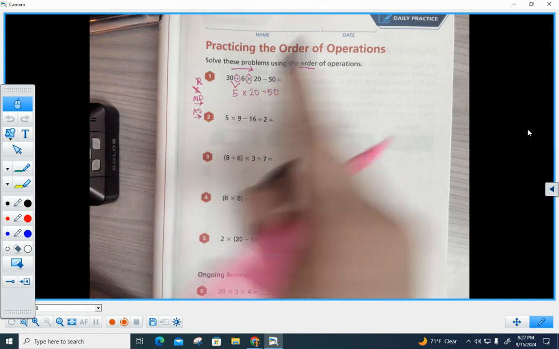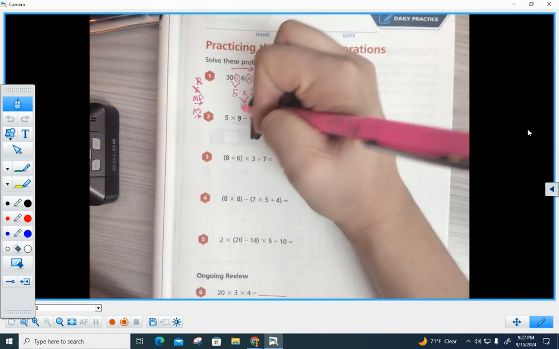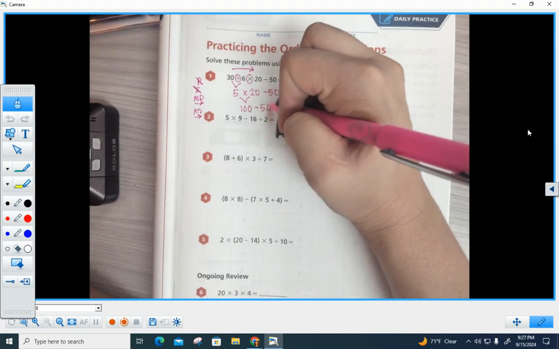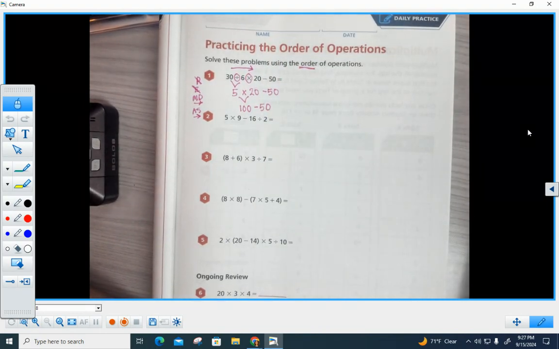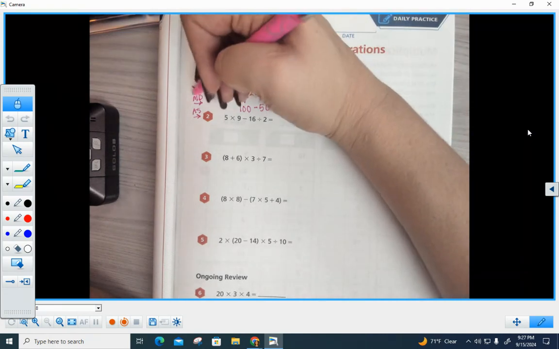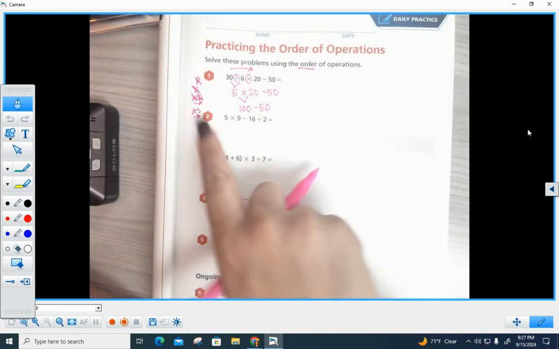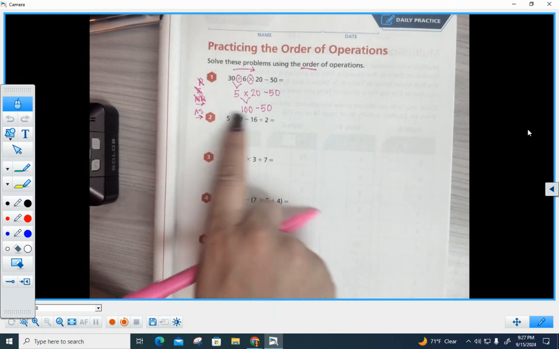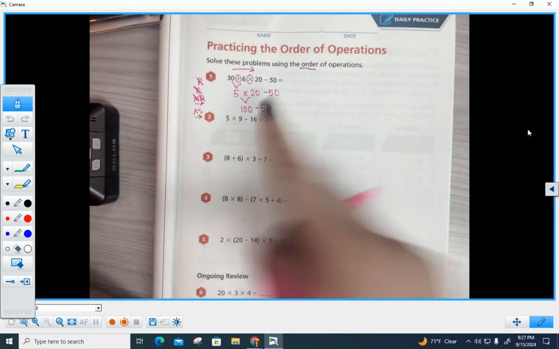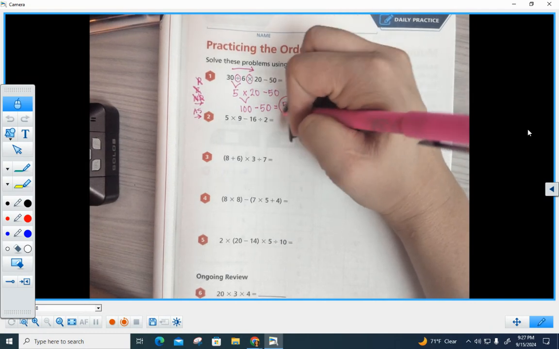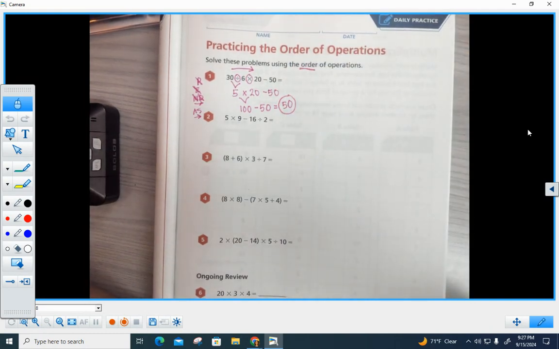So let's do 5 times 20, which is going to give me 100. I'm going to drop everything down I haven't used, which is my 100 minus 50. Now I'm done with multiplication and division. Now I go to step 4, which is adding or subtracting. I have that final step, which is subtraction. And so 100 minus 50 gives me a final answer of 50.